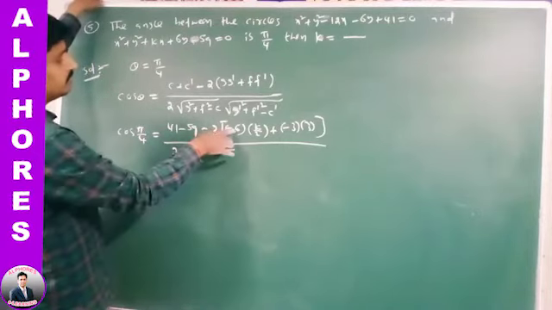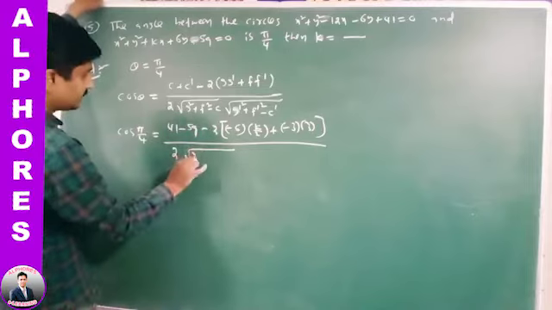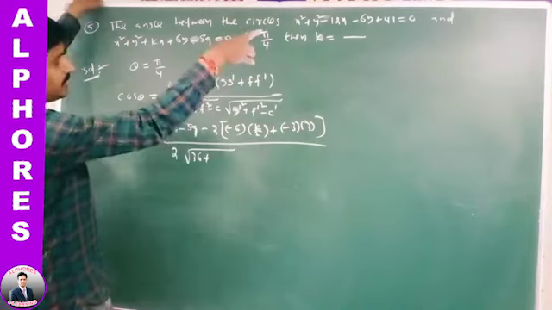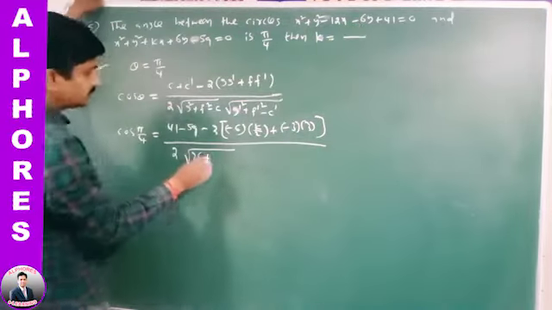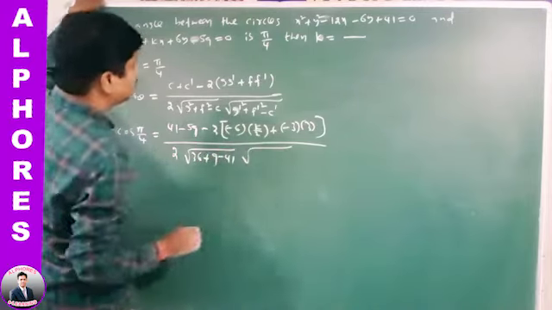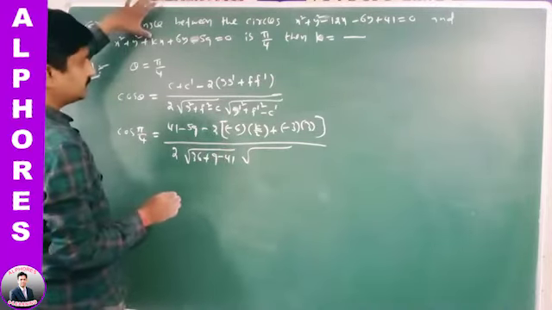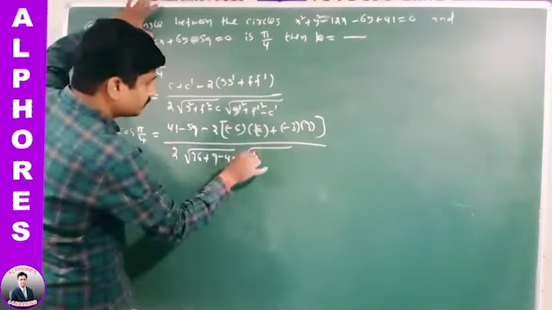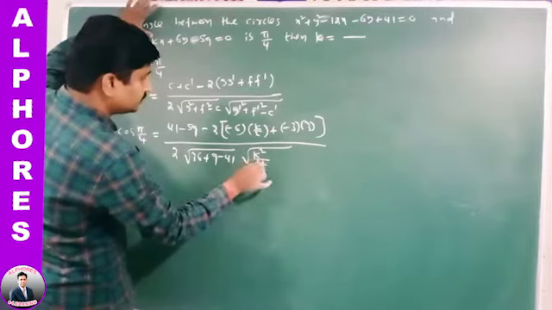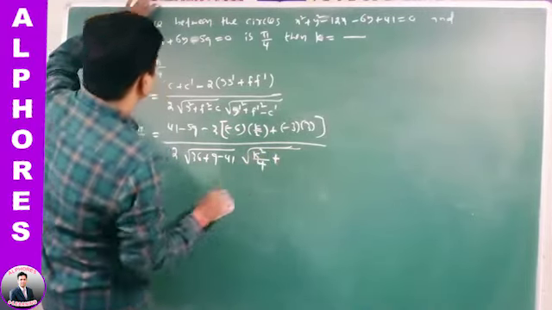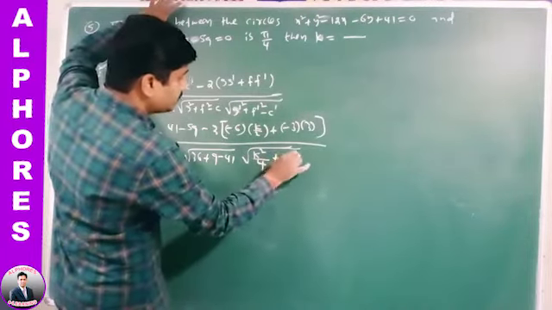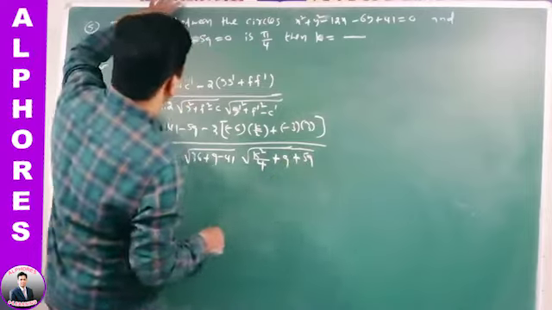Here g equal to minus 6, g square 36 plus f square. Here f square means minus 3 whole square, 9, minus 41, into under root of, next g dash square, k square by 4, next plus f dash square, 3 square 9, plus 59.